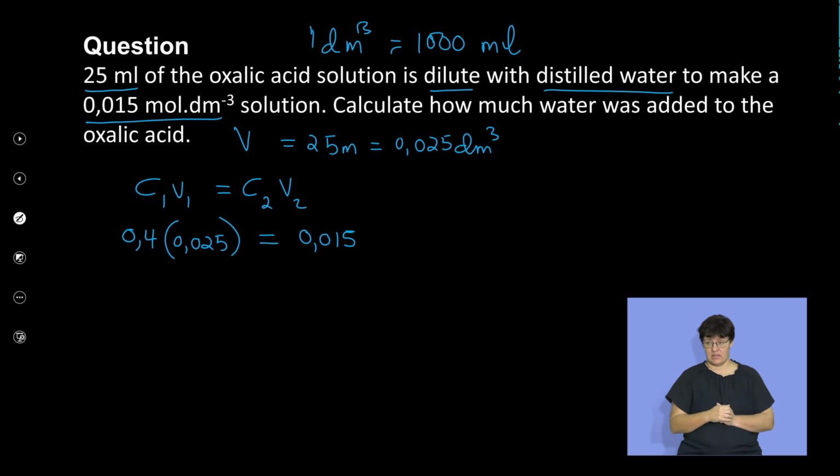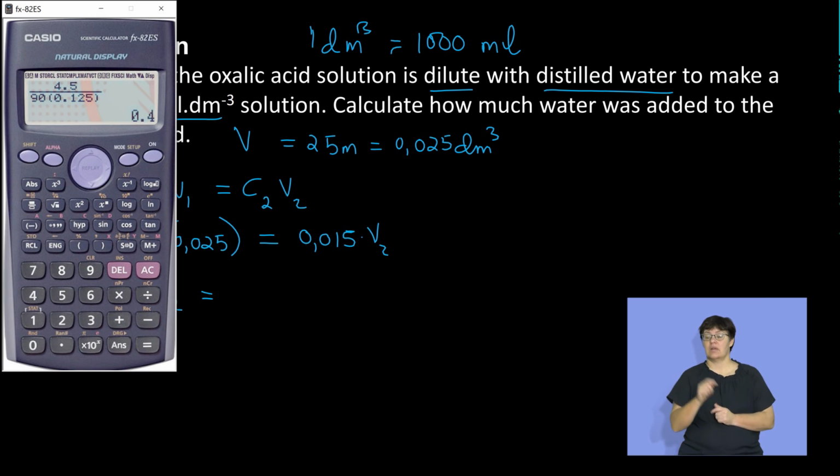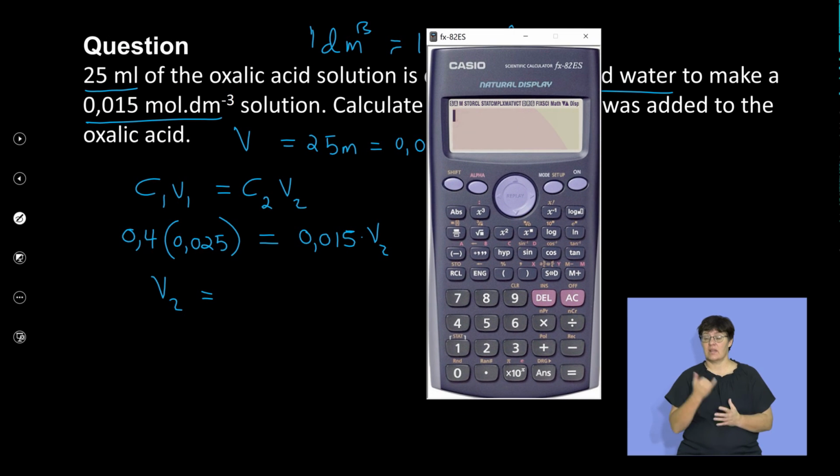Now we want to understand what's the new volume. This is going to give us an indication of how much water was added. So we can determine the new volume after adding water. We can go to our calculator and say, what do we have here?